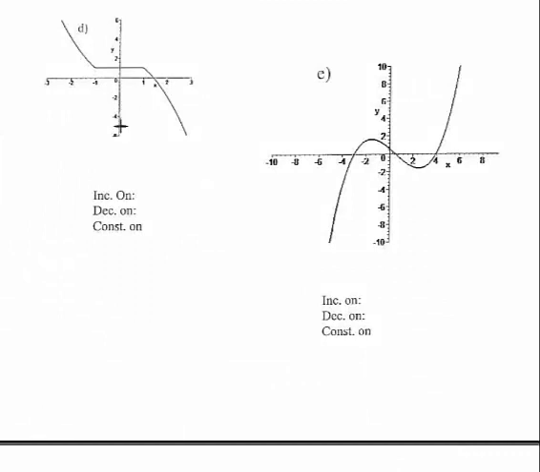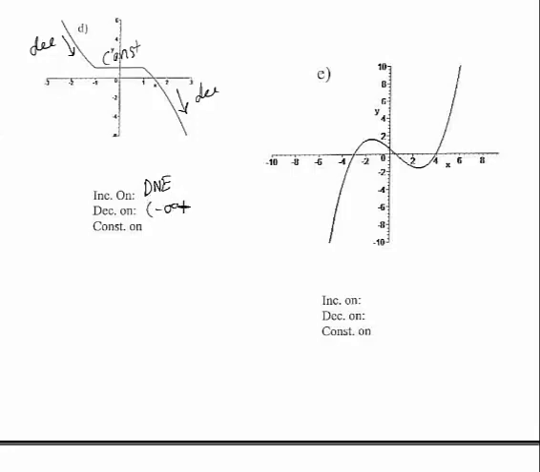Okay, the last two for increasing, decreasing, at least on this page. For this one, we now see that we have no increasing interval. We go from decreasing to constant back to decreasing. So for increasing, we would write DNE for does not exist.